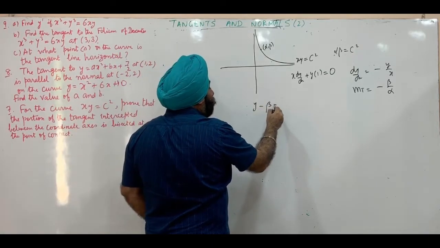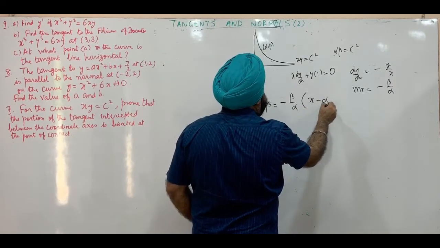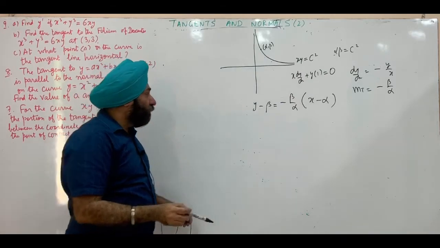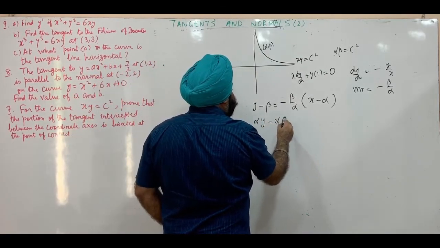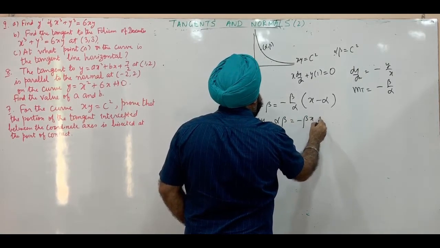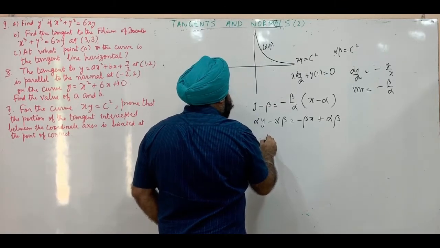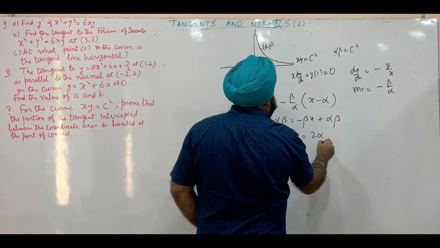Y minus beta is equal to minus beta upon alpha into x minus alpha. This is the slope, this is the point. We use the point-slope form of the equation of a line. Alpha into y minus alpha into beta equals minus beta x plus alpha beta, which gives beta into x plus alpha into y equal to 2 alpha into beta.